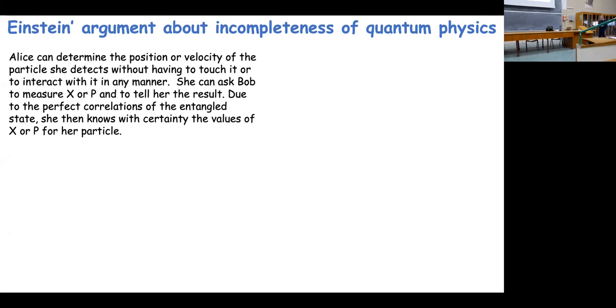Alice receives one of the two particles, and she wants to know the momentum of her particle, the position of her particle. And Einstein said she does not have to make the measurement. She just has to ask Bob. If Bob finds P, she will know that she has minus P. If Bob finds X1, she will know that she has X1 plus or minus R0 because of this relation.